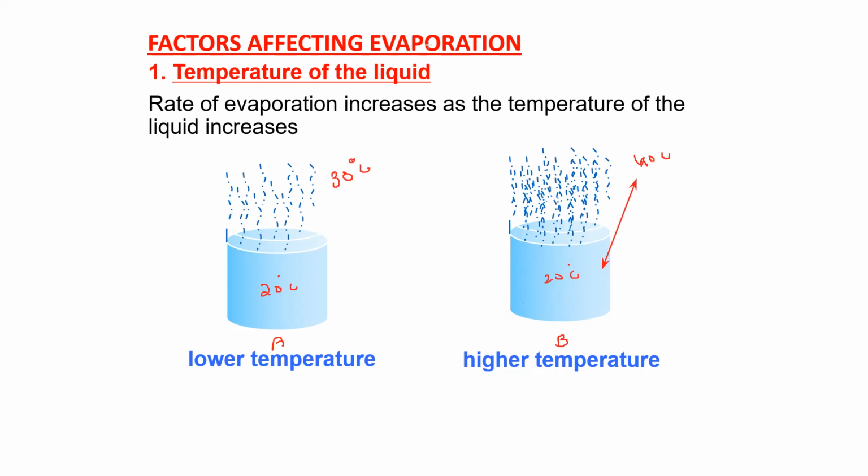That's why the particles at the surface can take energy from the environment and go out into the environment. Here energy is available, but only a small amount, so few particles will go out. So the rate of evaporation increases as the temperature of a liquid or the temperature of the surrounding increases.